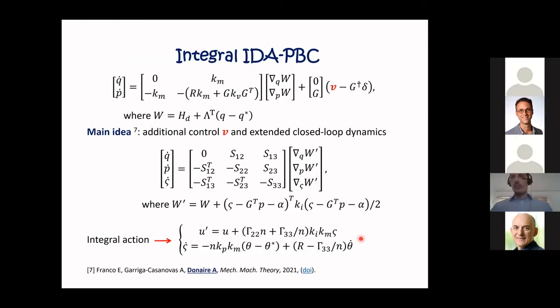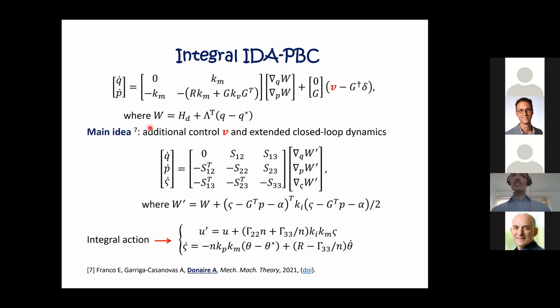Another approach that we can use to deal with unknowns, disturbances, model uncertainties, or external forces is a more sophisticated version of IDA-PBC, which is called integral IDA-PBC. And here the expert is really my co-author, Alejandro, in Australia.